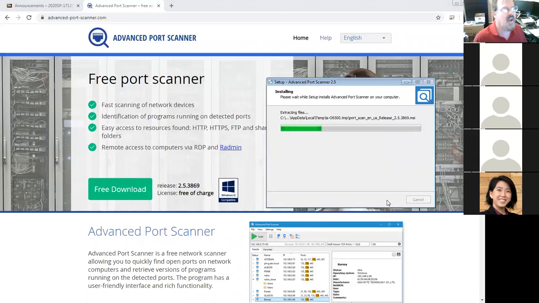Now, hackers use port scanners all the time, by the way. They point port scanners at the internet. These aren't really intended for doing that. You're not supposed to point these things at the internet and say, go search the internet for open ports. Because what they'll do is identify servers that are publicly available on the internet.